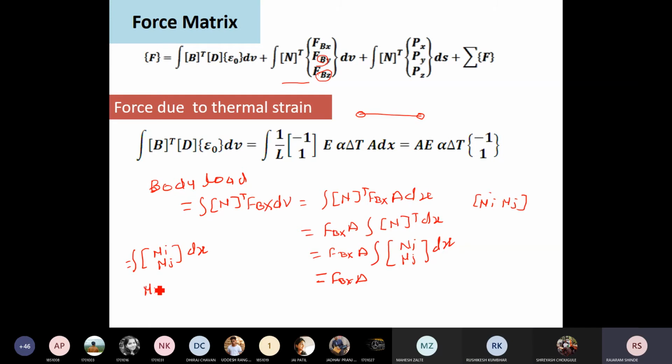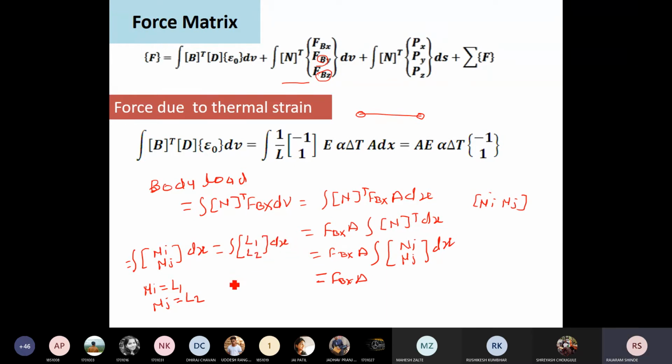Ni I have already derived: Ni is equal to the local coordinate L1, and Nj is L2. These are natural coordinates. If you go for using the actual equations, it will take a lot of time. Here it is L1 L2 over dx.